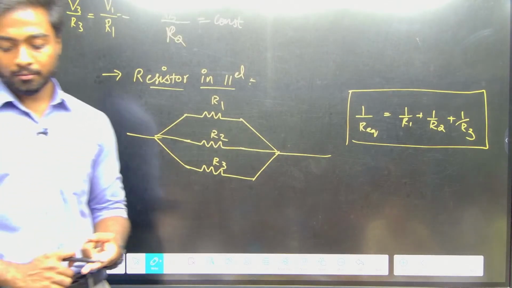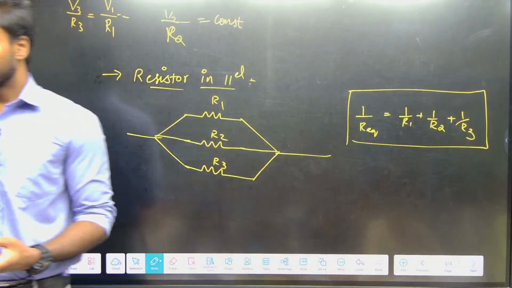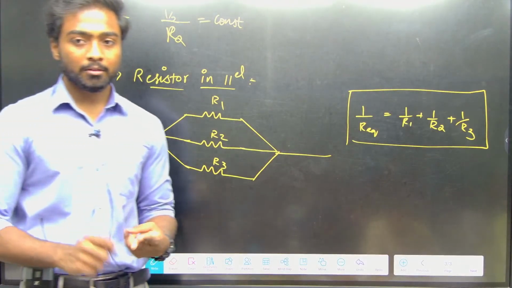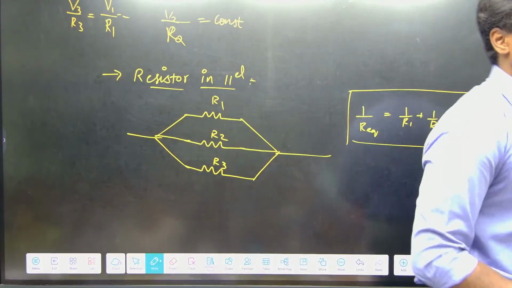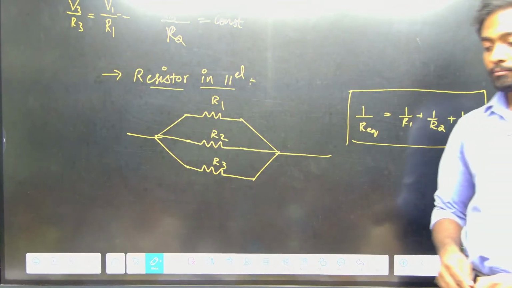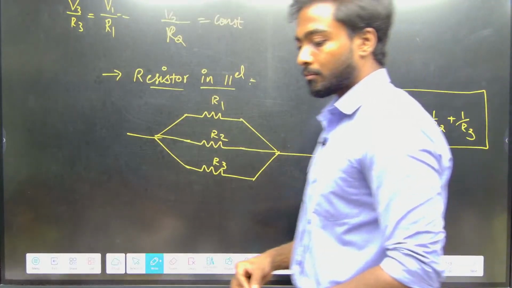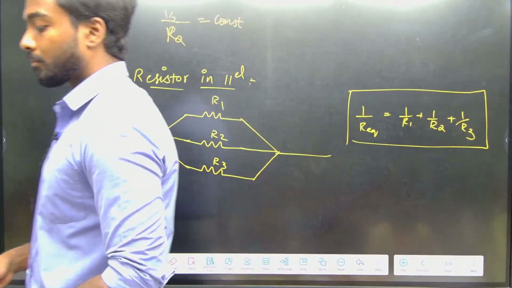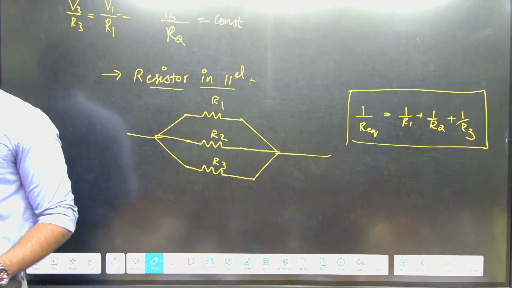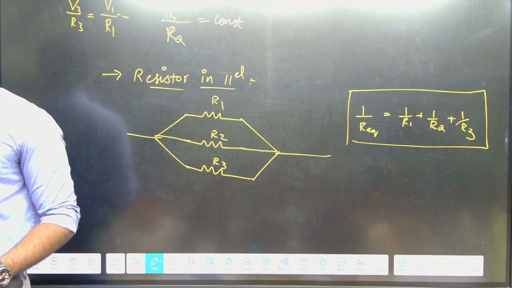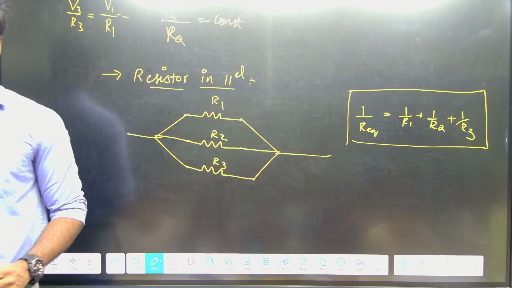Second point is the potential difference across the resistors is the same.